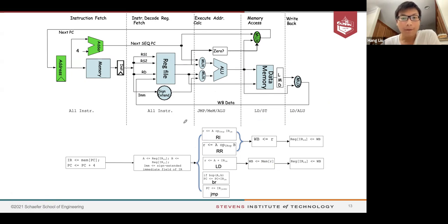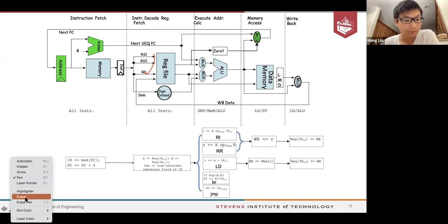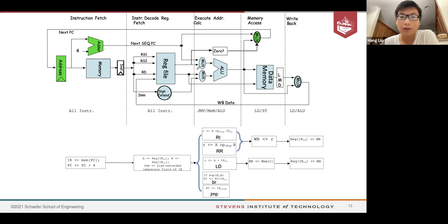So putting all of them together, we see that this 5-stage pipeline is actually pretty general purpose, right? For all instructions, you have to fetch and you have to decode. Then execution, memory access, and write back are more like special cases.